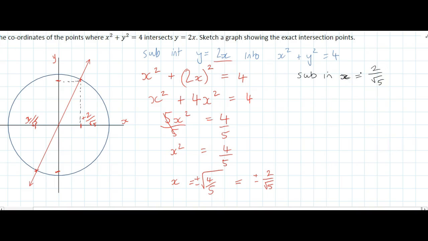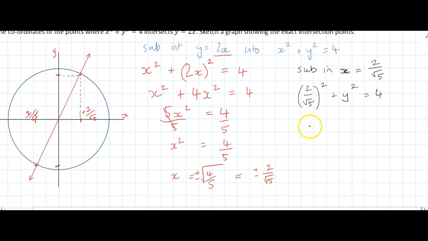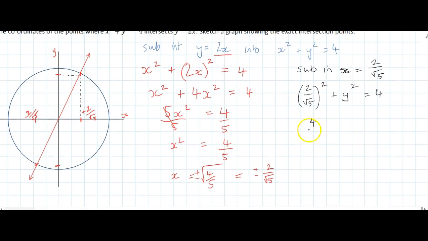In fact, if you square it, it just becomes the same thing anyway. So x equals 2 over root 5, all squared, plus y squared equals 4. So now we solve for y. 2 squared is 4. And let's remember the square root of 5 all squared, we'll come to that in a minute.